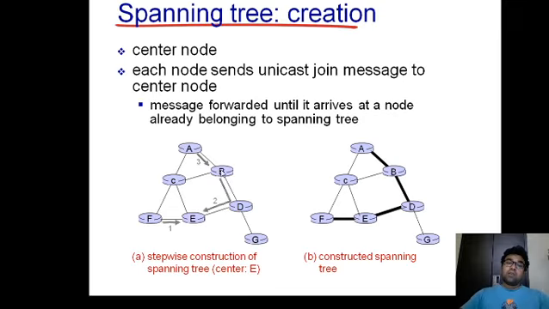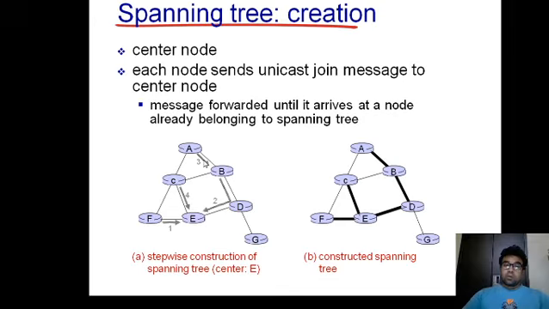Then A will stop over here because there is a path available to E from B. So when A is unicasting its information to E and finds a spanning tree branch, it will stop, and A will make this particular branch a spanning tree branch.